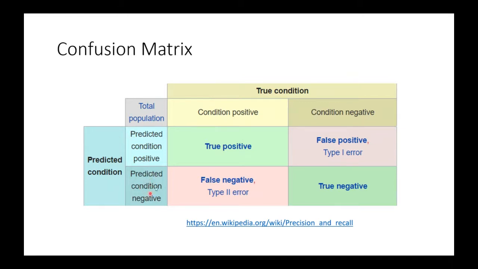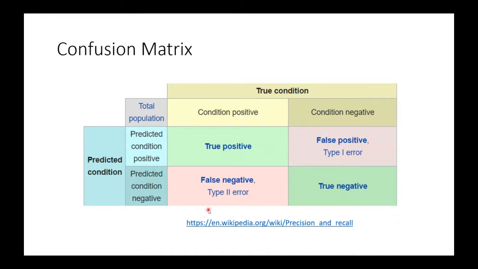If your classifier predicted an image as a cat, and it's in fact a cat, then it's a true negative. If your system predicted the image of a cat with the label dog, that's a false negative or type 2 error.